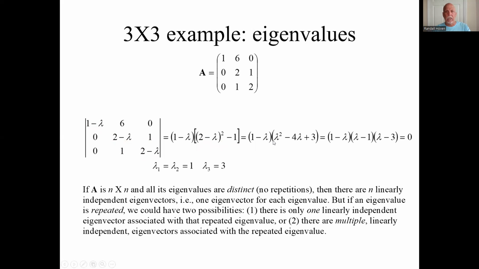If I expand this out, I get this little quadratic term, which is fairly easily factored. I don't really have to factor a third order polynomial. The whole thing factors like this, and here I get a repeated eigenvalue. One is a repeated eigenvalue, and the other one is 3.